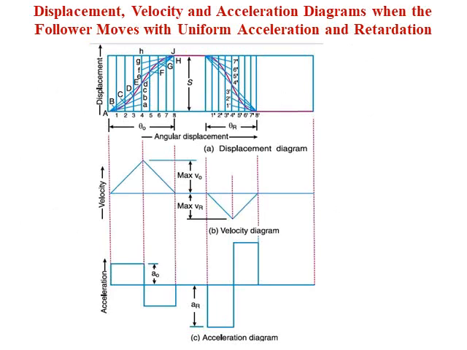So, here the sketch shows the displacement, velocity and acceleration diagram when the follower moves with uniform acceleration and retardation motion. We can see from the diagram that the displacement consists of a parabolic curve, and we'll discuss now how to draw the same.